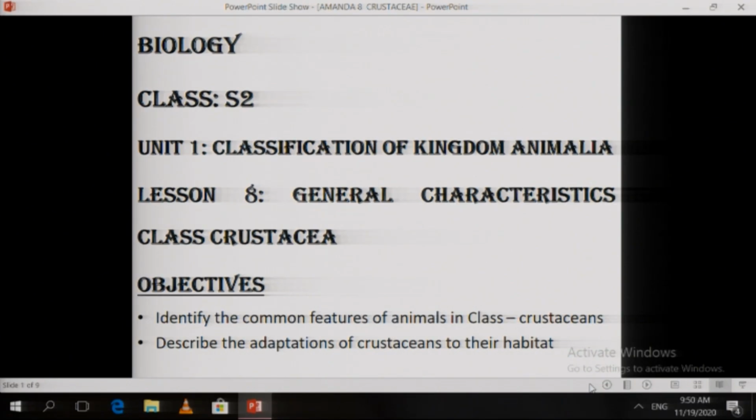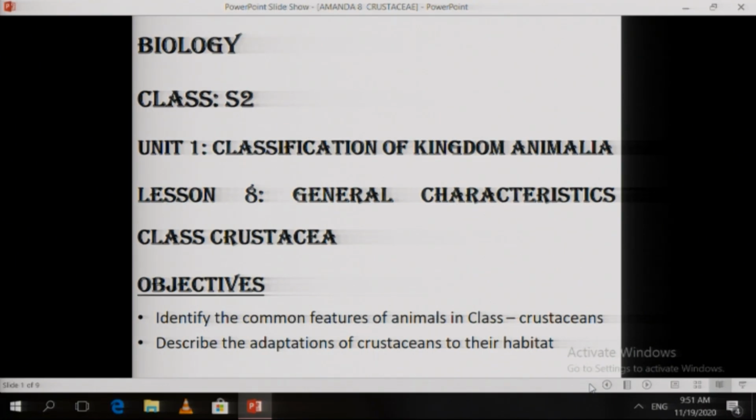If you happen to meet a crustacean at the playground or around, you will tell this, because it has this and this, it belongs to class Crustacea.